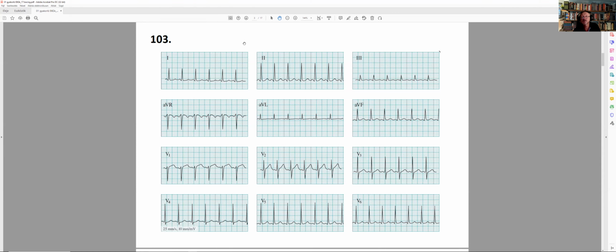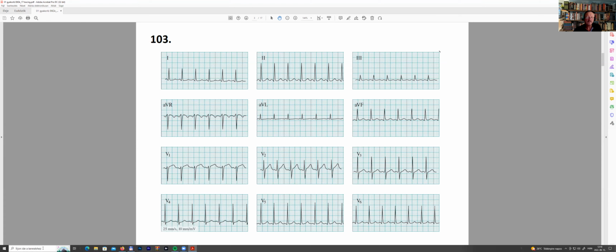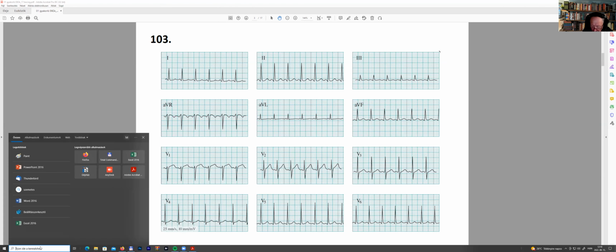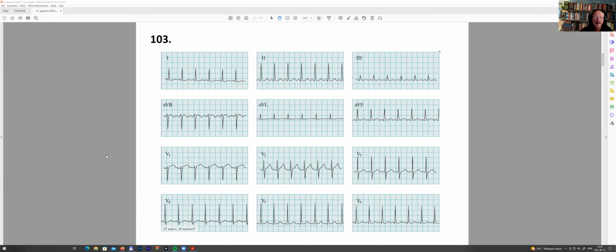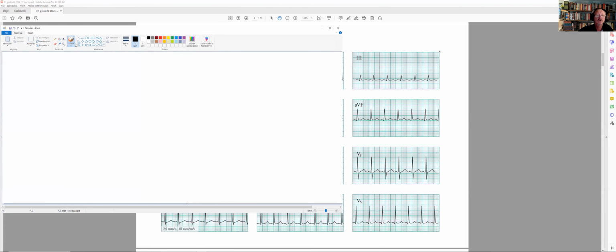0, 60, 120. Okay, that's the Einthoven triangle, the equisided triangle. So that means 0, 60, 120. Now maybe I'm turning on the paint, because this way I can show it.